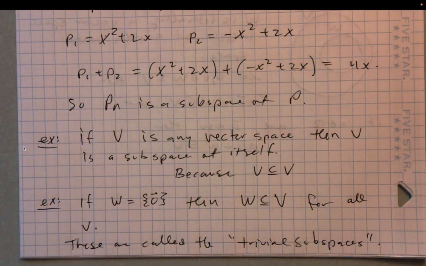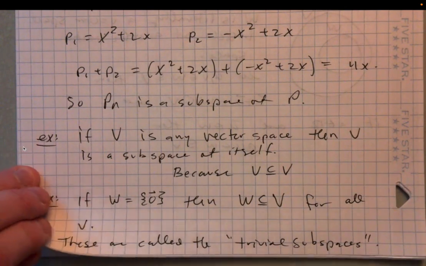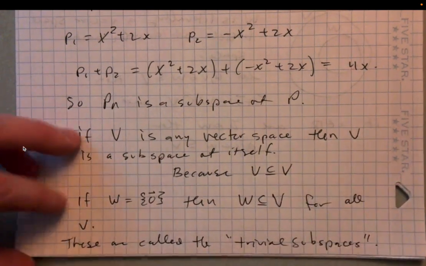And they're called trivial. Why? Well, they're called trivial because every vector space has these two as a subspace. So I guess what is implied here is that every vector space has at least two distinct subspaces.